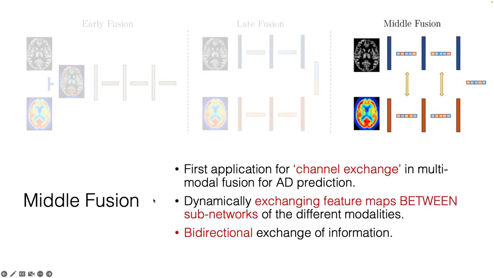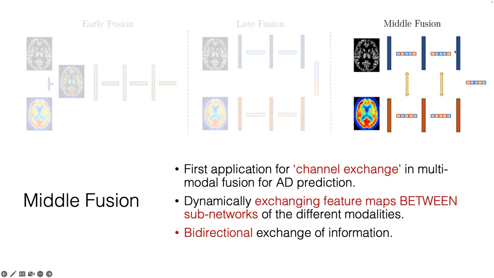The last fusion approach is middle fusion. This is the first application, according to the paper, of the idea of channel exchange in multimodal fusion for Alzheimer's disease prediction. The idea here is fusing the intermediate representations by exchanging feature maps between the subnetworks of the different modalities.